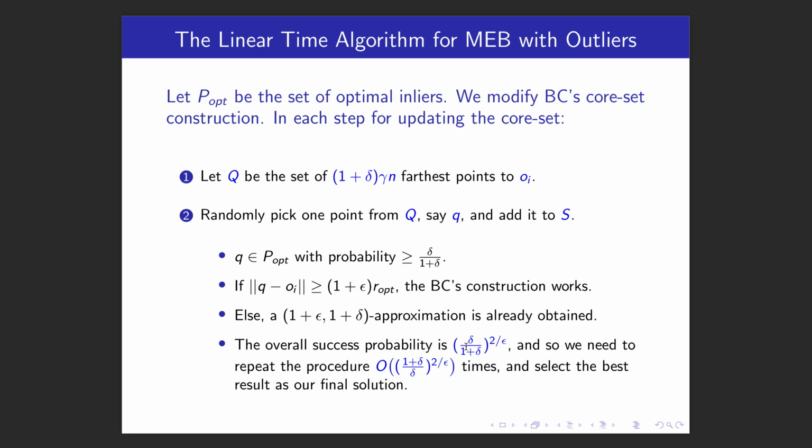So the overall success probability is delta over 1 plus delta to the power of 2 over epsilon. So that means if we want to keep the success probability at a constant value, we need to repeat the algorithm many times. Basically, each time we get a candidate solution, and we need to select the best candidate solution as our final result. Okay.